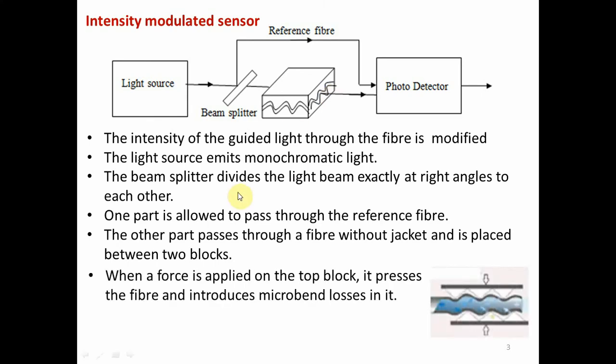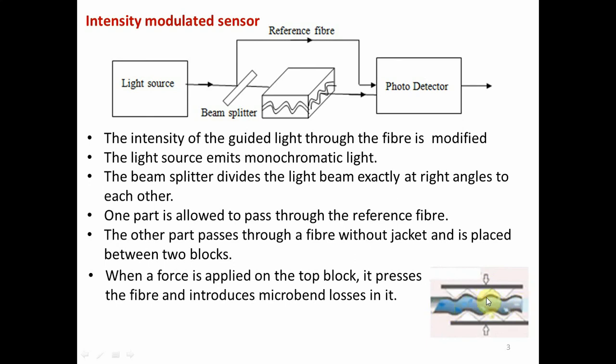Then working. When a force is applied on the top block, it presses the fiber inside this block, which introduces microbend losses. If you apply a force on the top metal block, then it presses this fiber. This is a fiber without protective jacket.